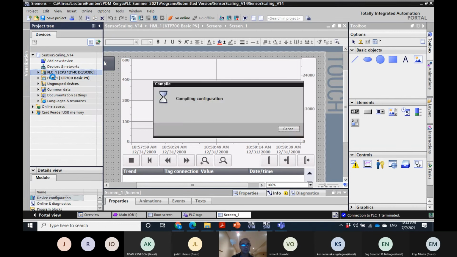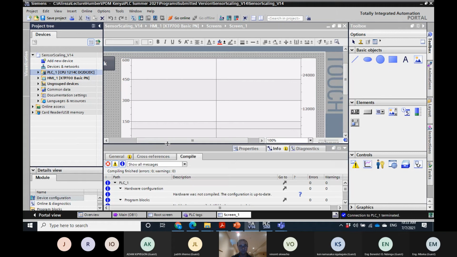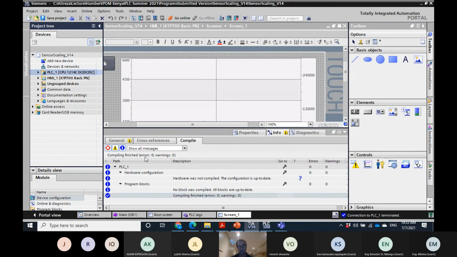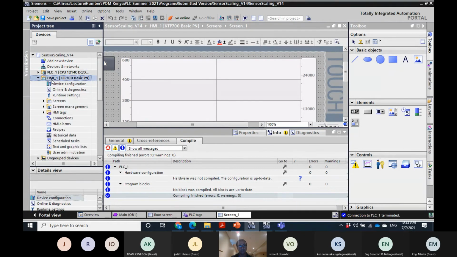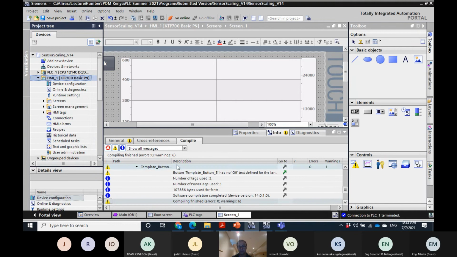So first, let's compile. There's not any error. Okay, and regarding the HMI, let's compile this HMI also. No error.